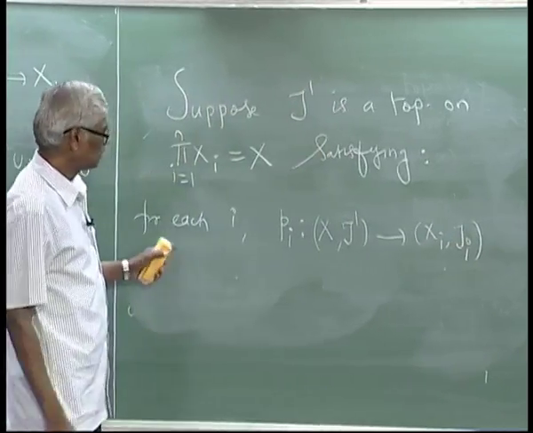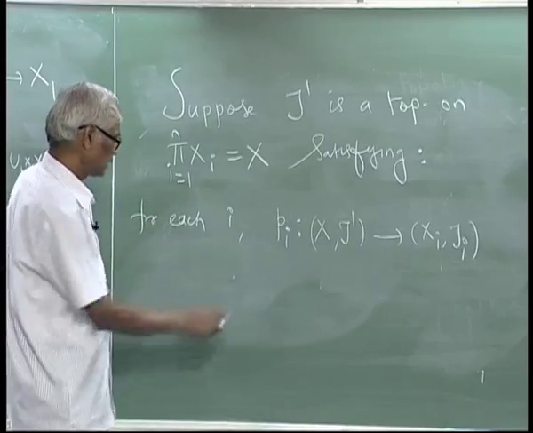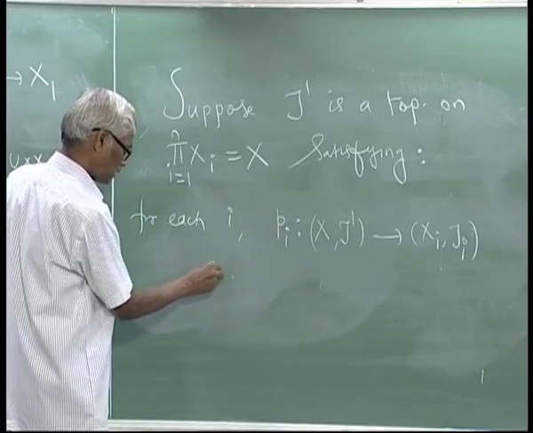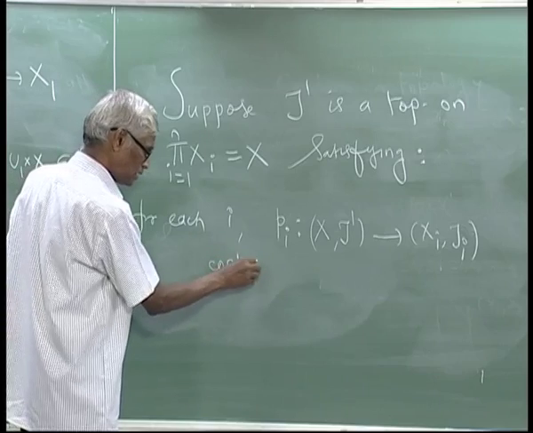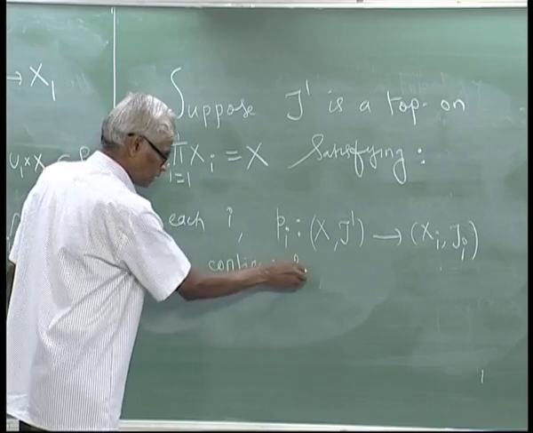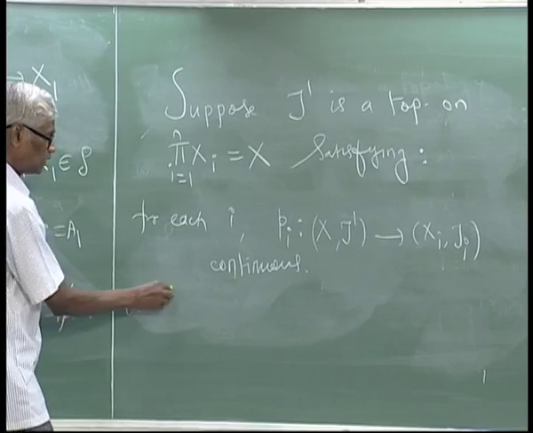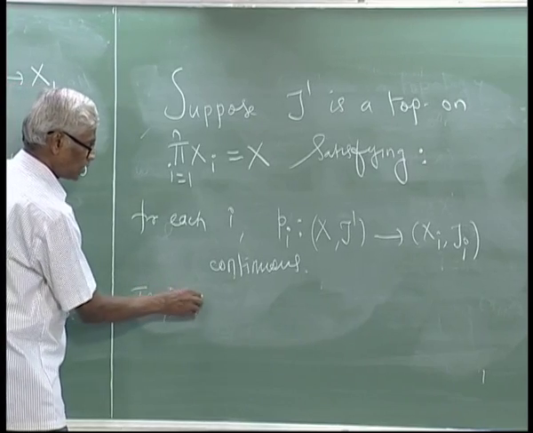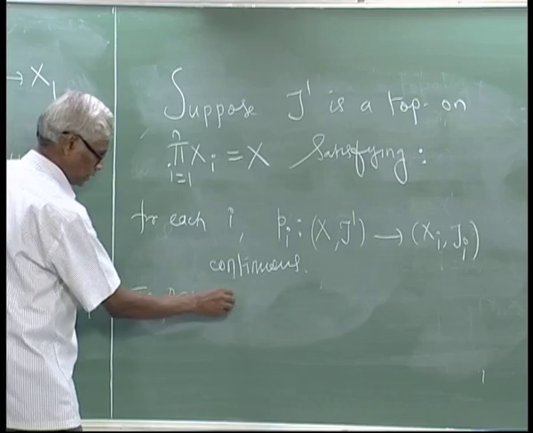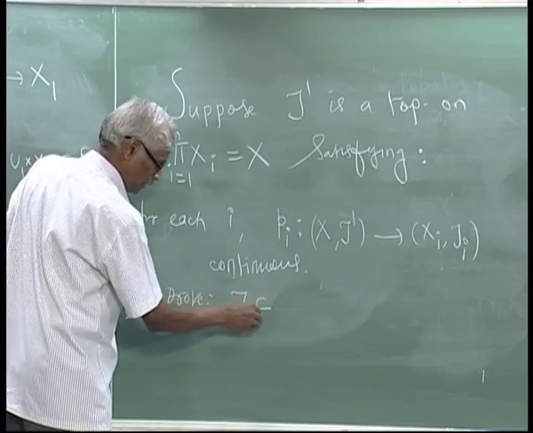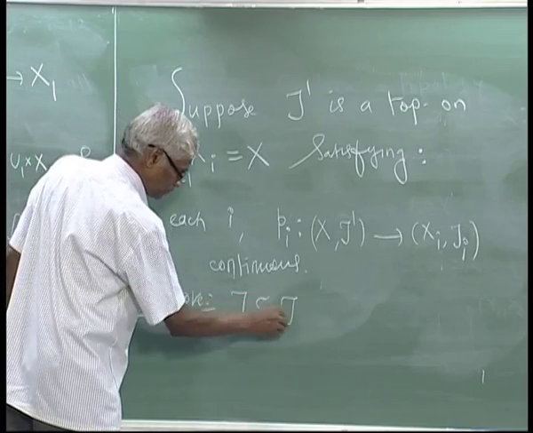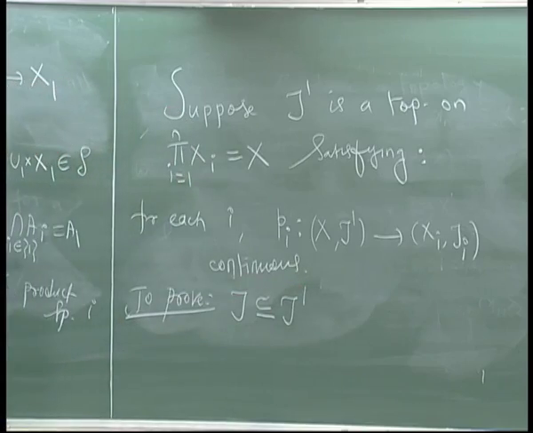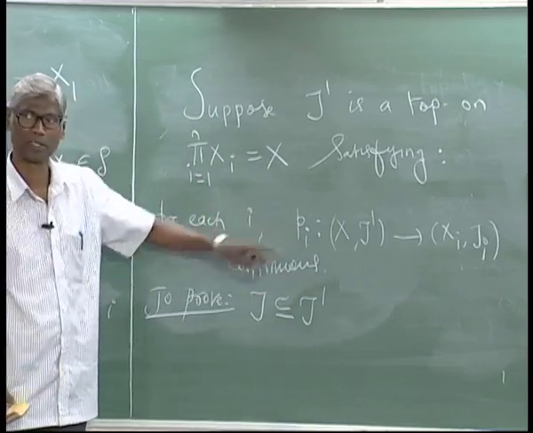Satisfying this condition, namely for each i this Pi is continuous, this is given. Then what is to be proved is the product topology tau is weaker than all such topologies having this property.